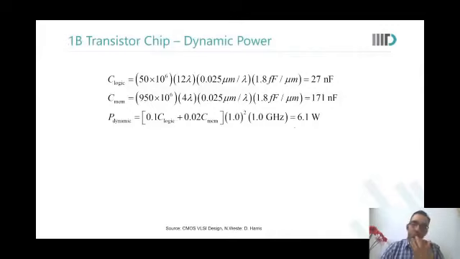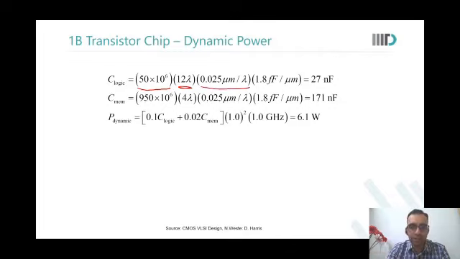So now let's look at that example. We look at that 1 billion transistor chip. We know that to calculate power, we need to estimate some capacitance. For logic, 50 million transistors into 12 lambda, where the width per lambda is 0.025 microns.